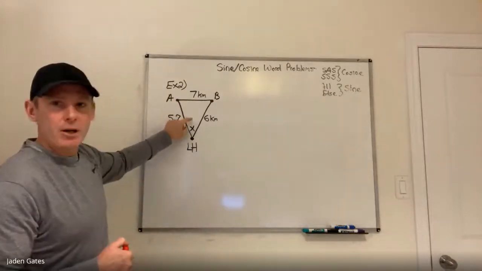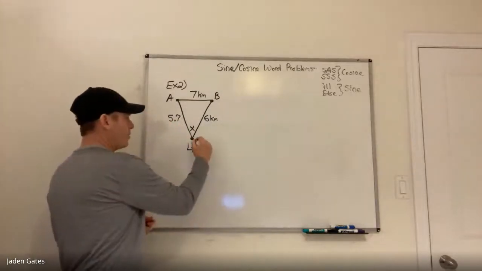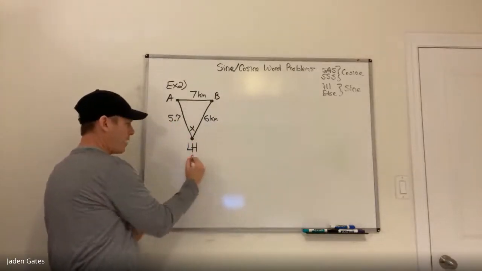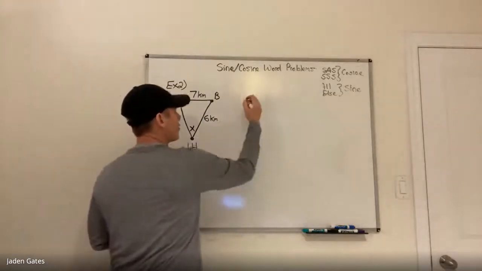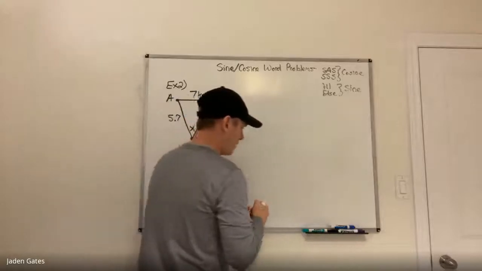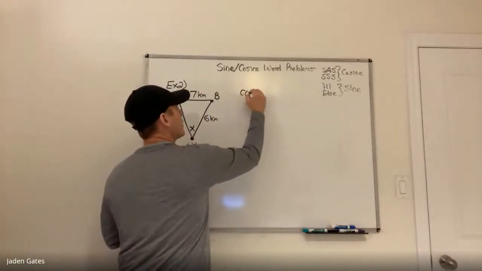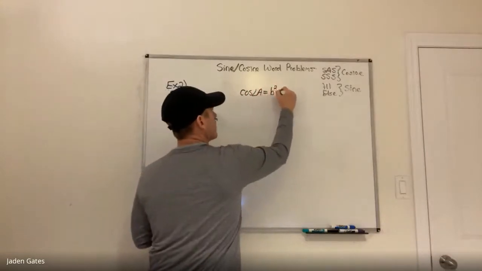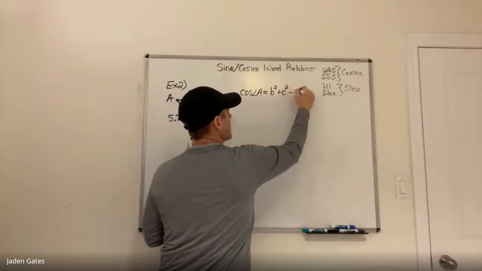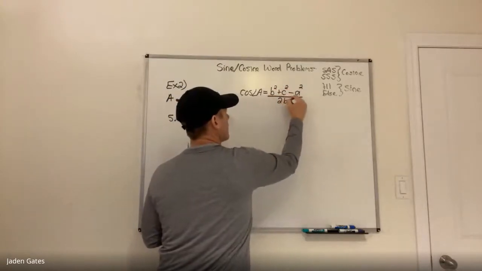I want this angle. So I am going to use a different color here. I'm going to call the lighthouse my point A because I'm trying to find that angle. That way I'm not going to have to rearrange my formula, which is cosine of angle A is equal to B squared plus C squared minus A squared, divided by 2BC.